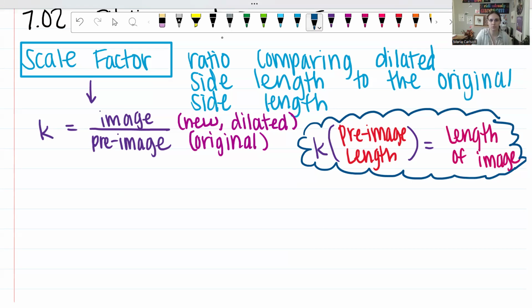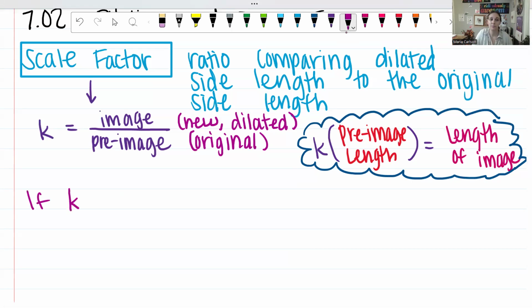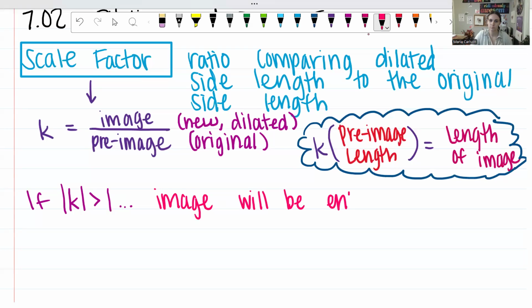I guess let's just keep using purple. If K, and specifically talking about the absolute value of K, the scale factor is greater than 1, then your image will be enlarged. Meaning it's going to be bigger than the original.